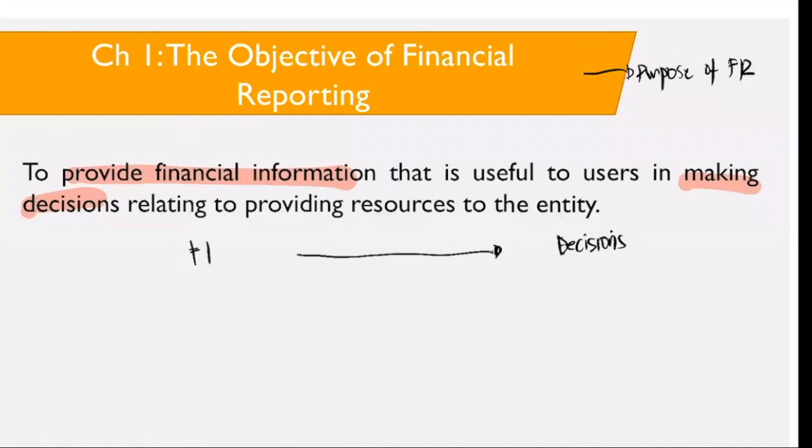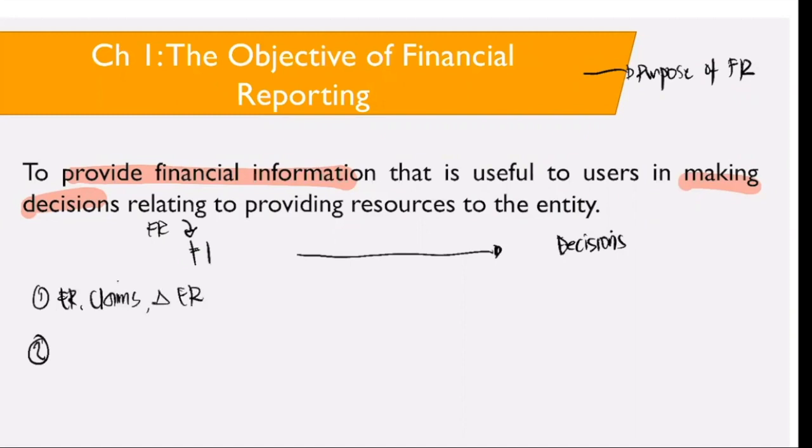So again, what is the financial information that we need to look at? We said your financial reporting provides financial information. And what is that financial information? It is your economic resources, your claims against those economic resources, and your changes in those economic resources.